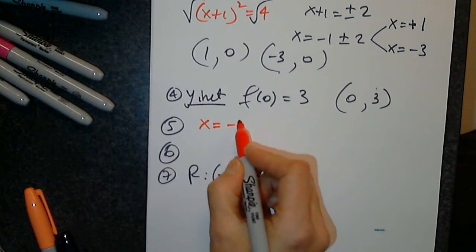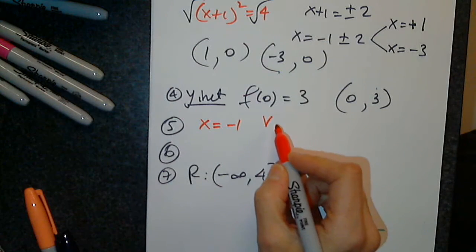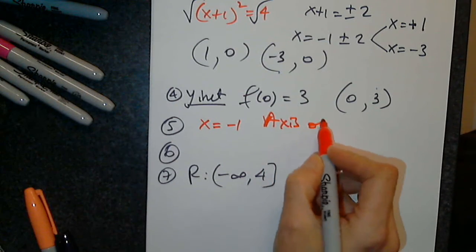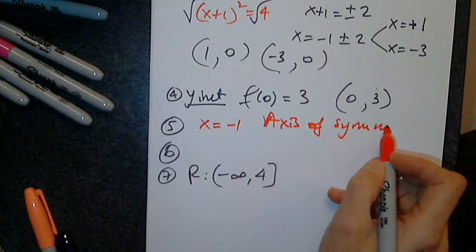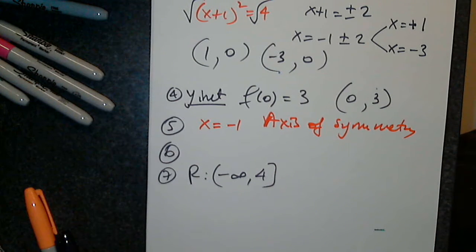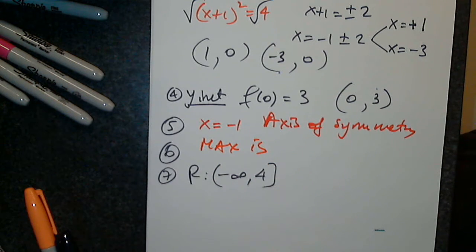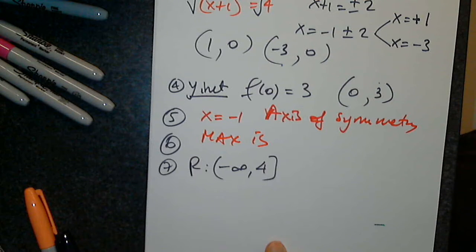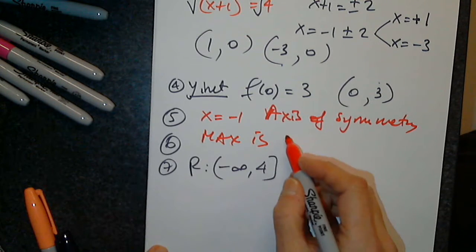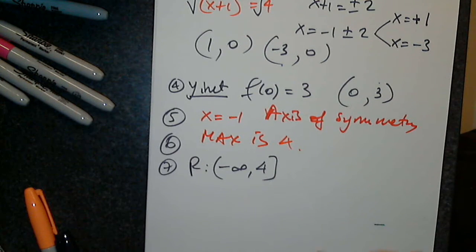X equals -1. What did we say this function had, max or min? Maximum. So the maximum value is always the y. Maximum is 4. So let's graph it.